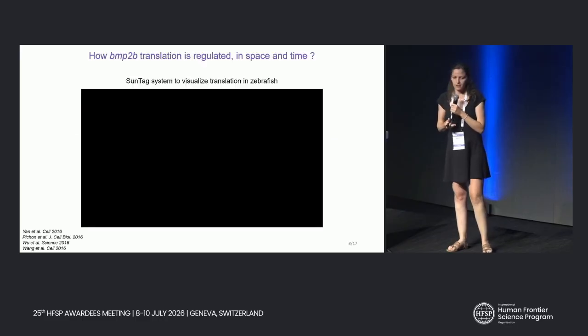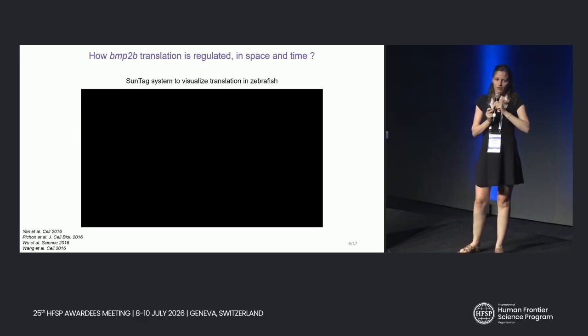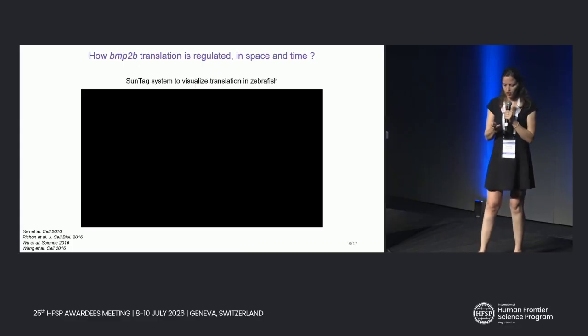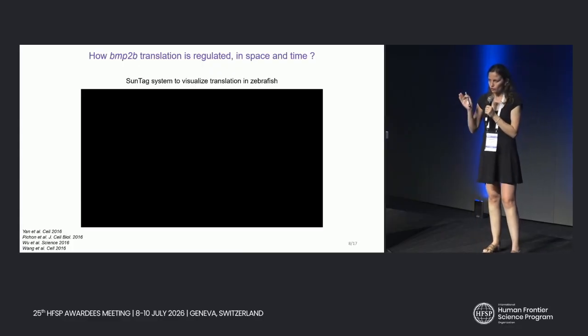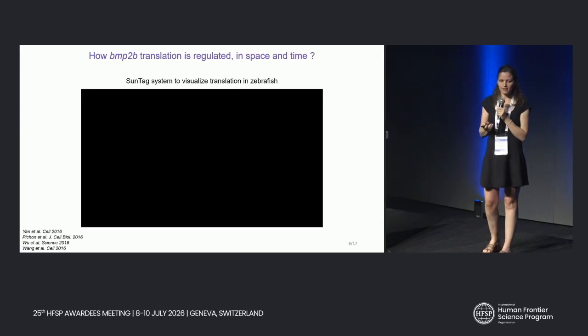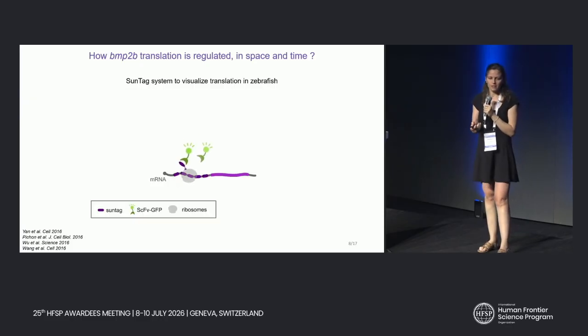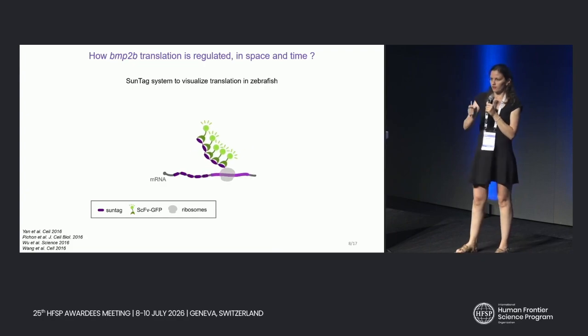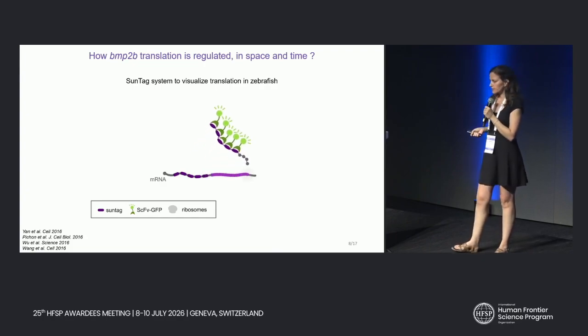For this, we used a live imaging approach to be able to image translation live in zebrafish embryos. The tools had never been made before, so we first used the gold standard method, which is the SunTag system. This system is based on a SunTag, here in purple, with repeats inserted into your gene of interest.